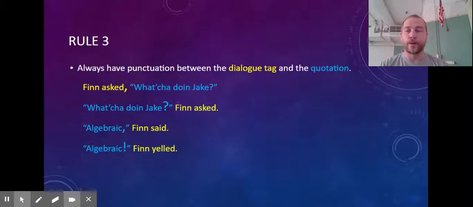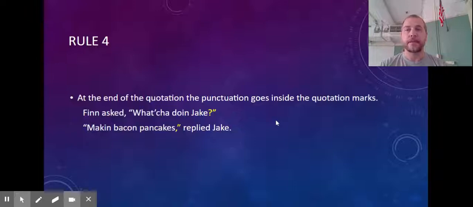Moving on to rule 4. At the end of the quotation, the punctuation goes inside the quotation marks. So you'll notice here, I have 2 different sentences, and here are our 2 quotations, quotation 1, quotation 2. And if you look at the end of both of those quotations, you'll see here is the quotation mark, and there's a piece of punctuation inside of it.